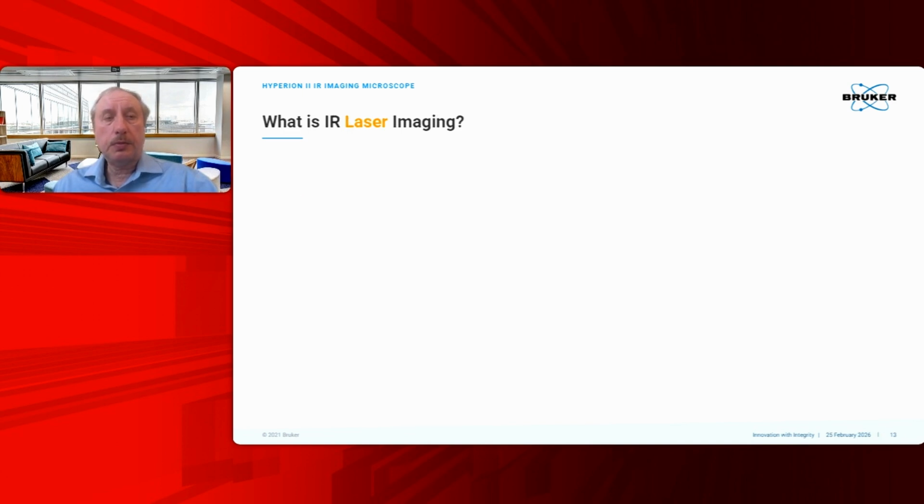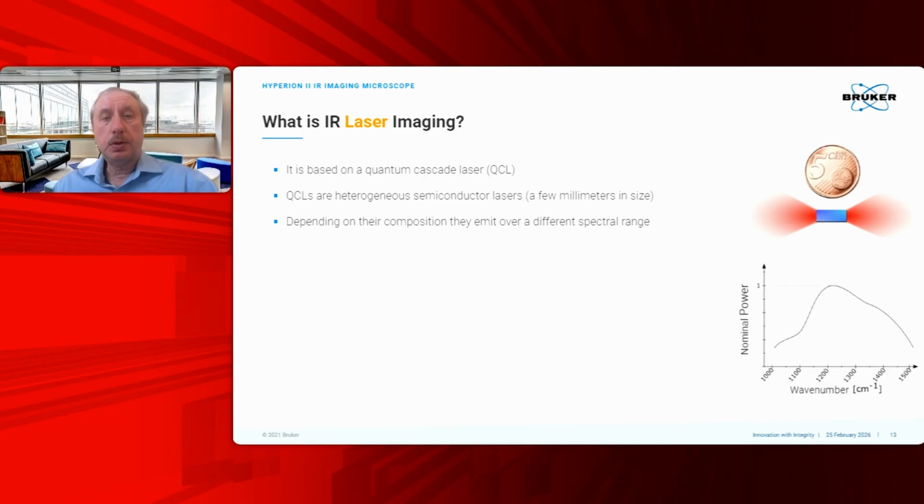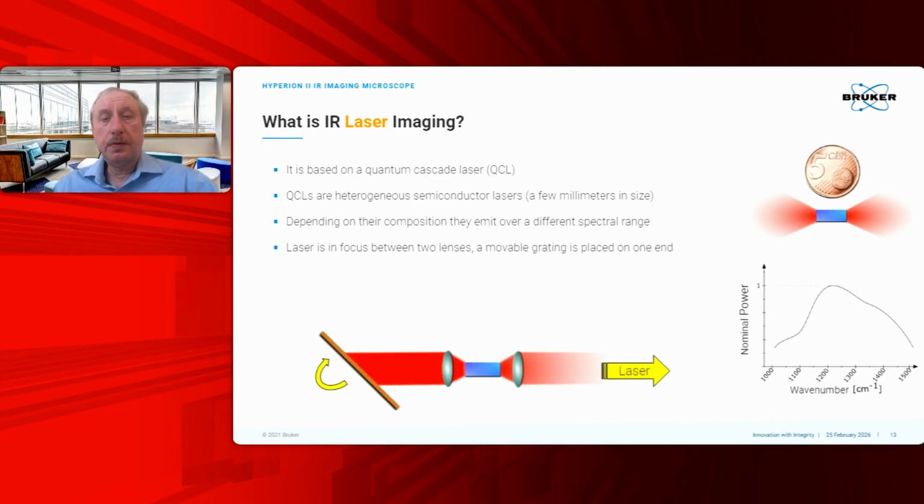So what is infrared imaging? Again, we tune our QCL to a specific wavelength and scan the image of our sample, measuring in the X and Y directions, and create an image of the sample at this particular wavelength.